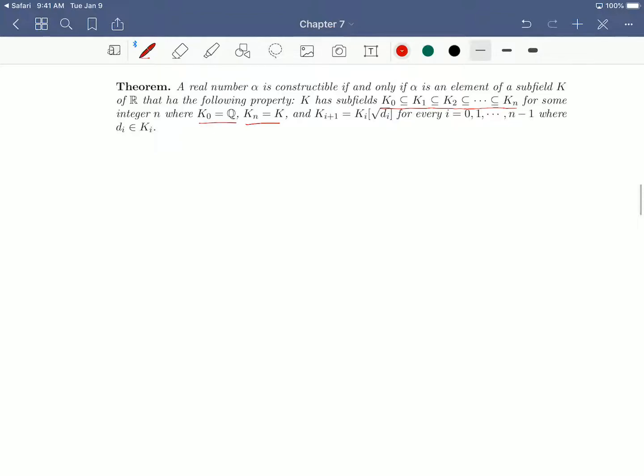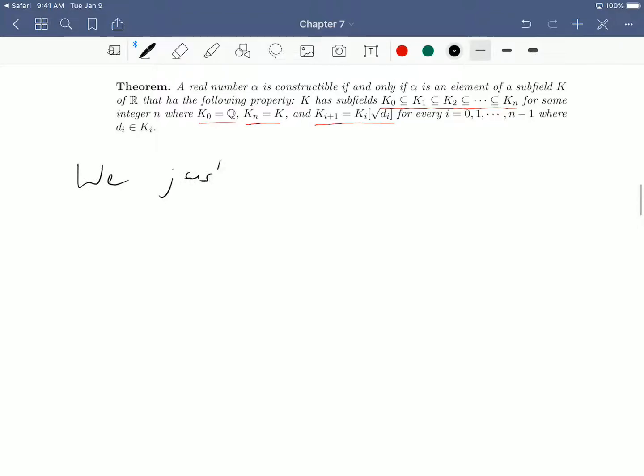K0 is Q, it starts at Q, and at each stage, K1, for example, is K0 root D0, just like we drew up above. K2 is K1 root D1, where that D1 is in the field K1.